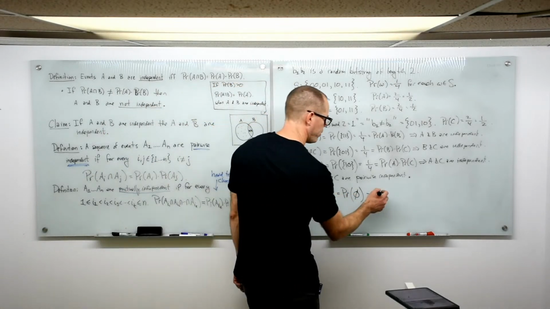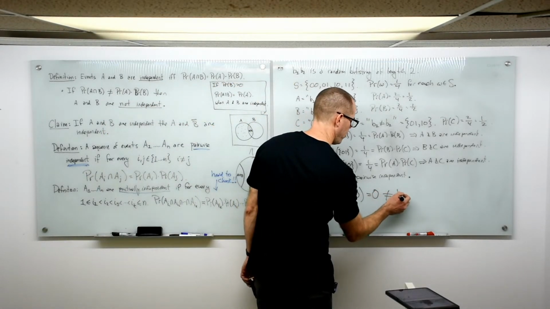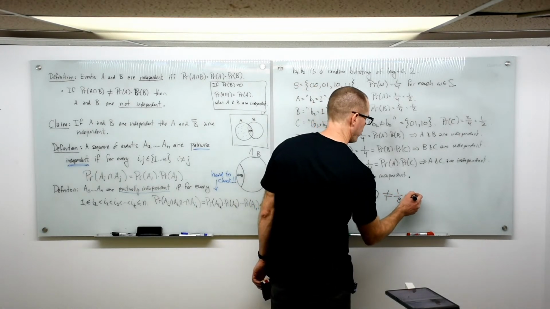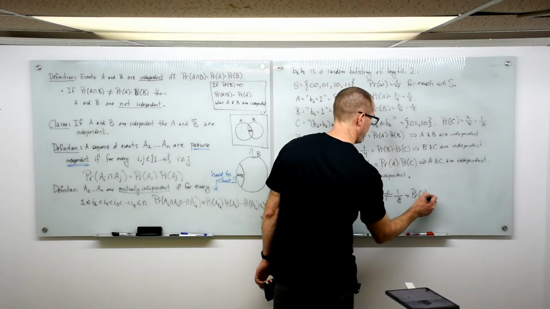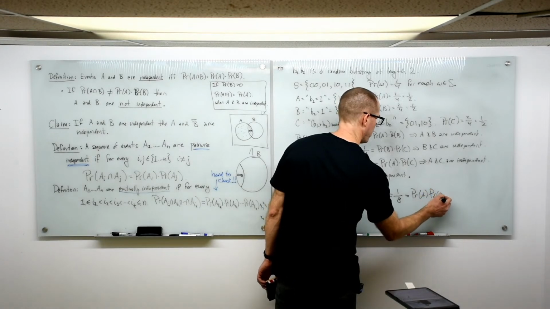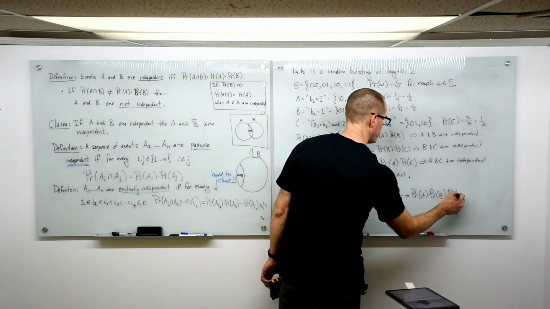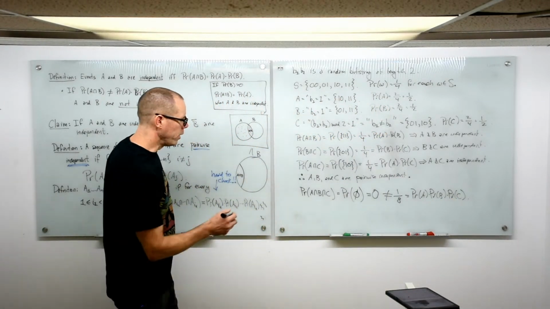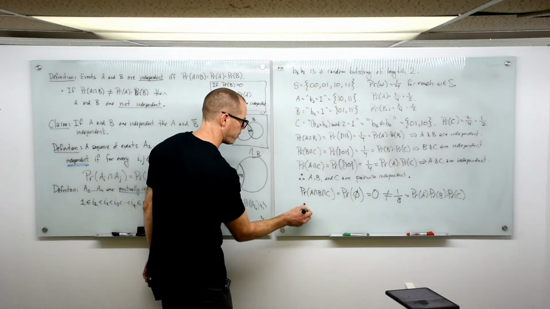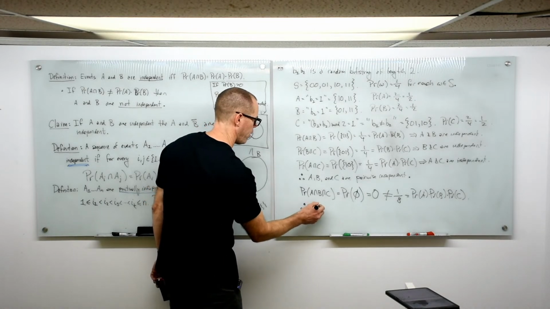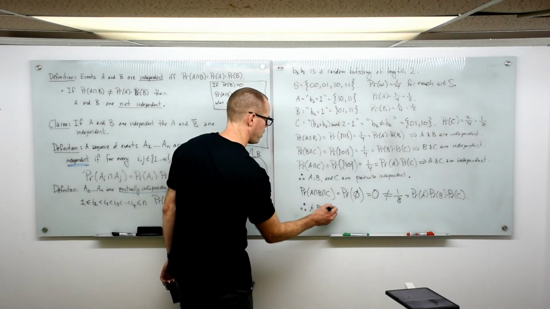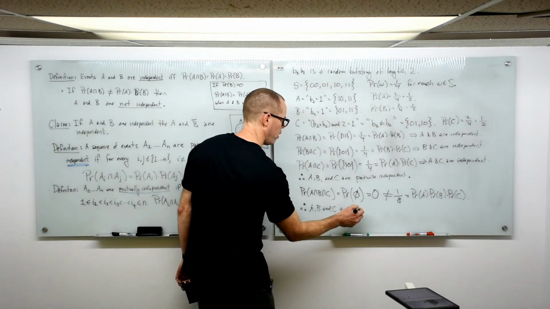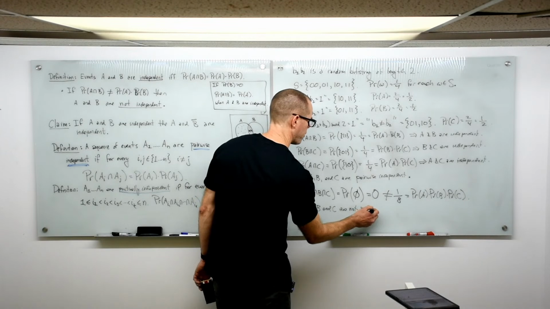And that is not equal to 1 over 8, which is what we would get if we multiplied the probability of A times the probability of B times the probability of C. And so then we conclude that A, B, and C are not mutually independent.